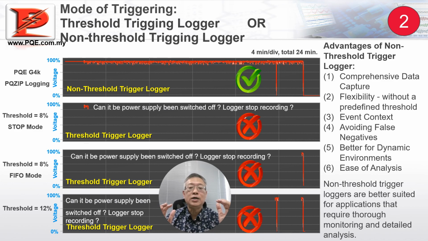You just hook up the logger without a need to set up any threshold on electrical parameters. That is very simple and straightforward. It makes your hookup and your power quality study work easy. When it comes to reporting, you have all the data captured and you're going to present it to your management in full.